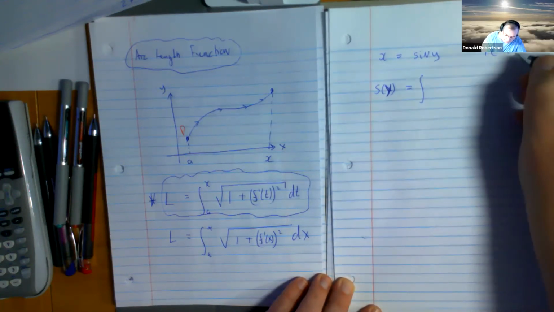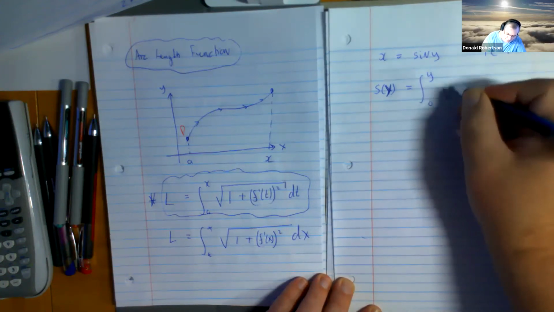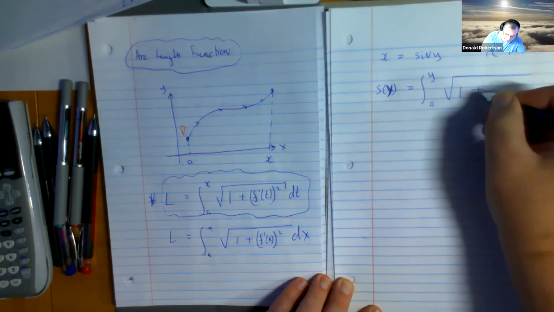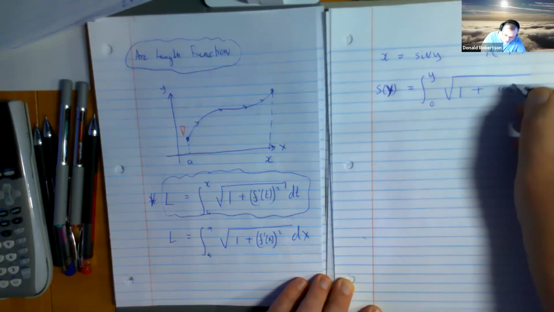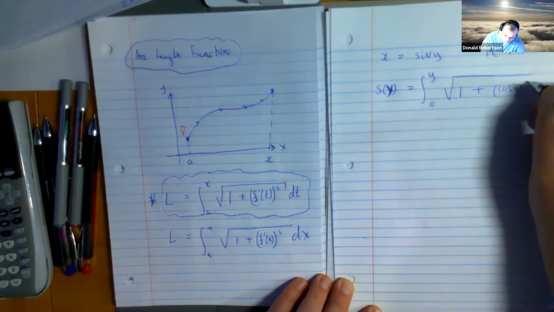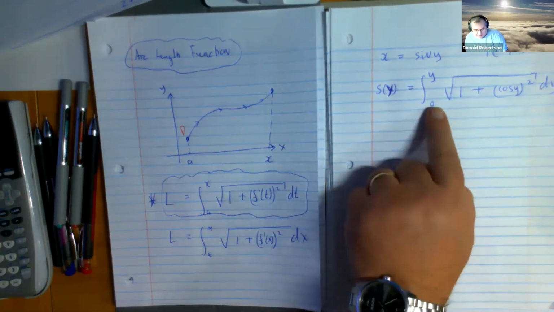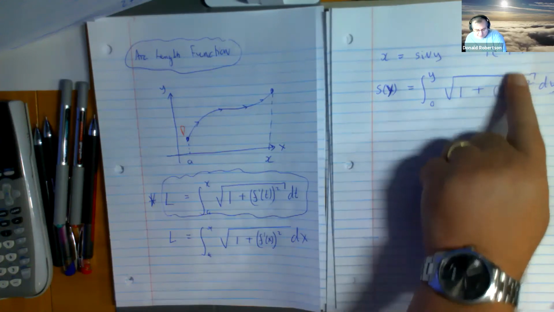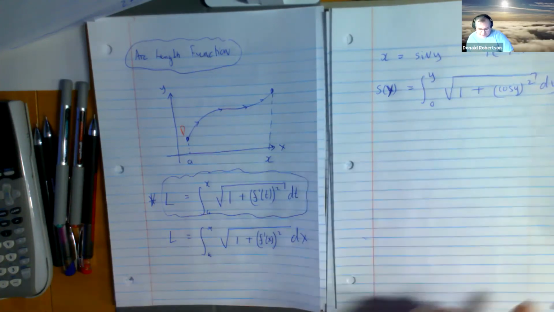The integral from 0 to y of the square root of 1 plus the derivative of this, which is cosine y, squared, dy. So it's from the start number 0 to y of 1 plus the derivative squared.